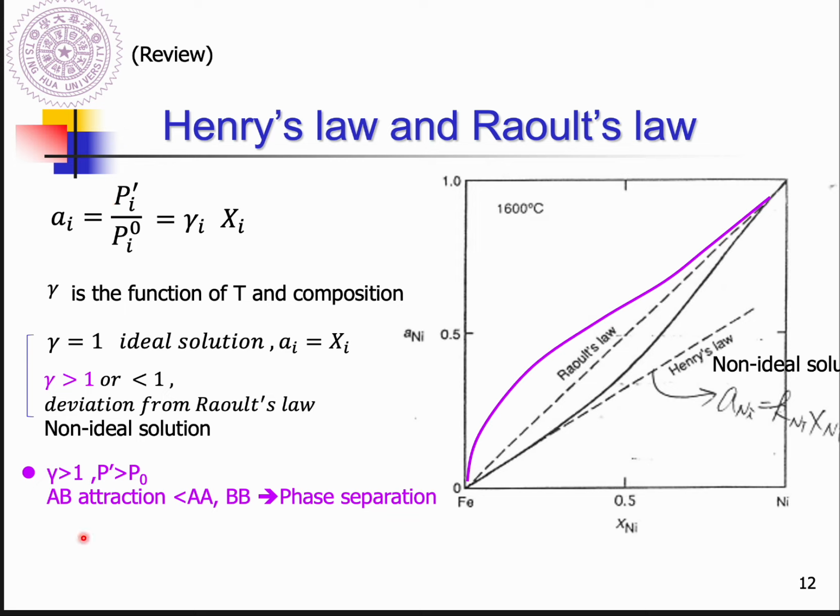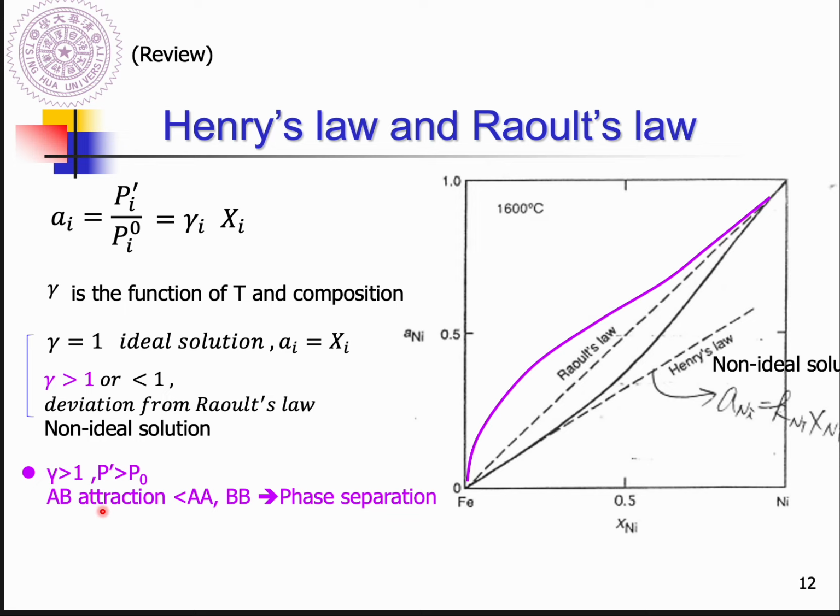After mixture, you have a higher vapor pressure, which means the AB attraction is weaker than before mixture, compared with AA and BB, right? Because the bond energy is weaker, you get the higher vapor pressure.